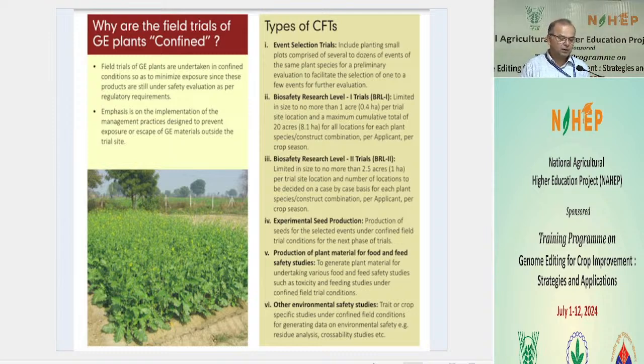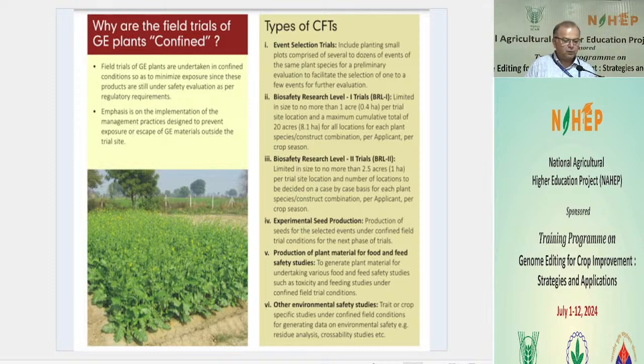So that is one purpose. The second purpose is to collect material for other analysis related to biosafety. Then experimental seed production. You can produce seed, anticipating that the next step will be trials at multiple locations, that means at different agroclimatic zones or different agroclimatic conditions of the country.